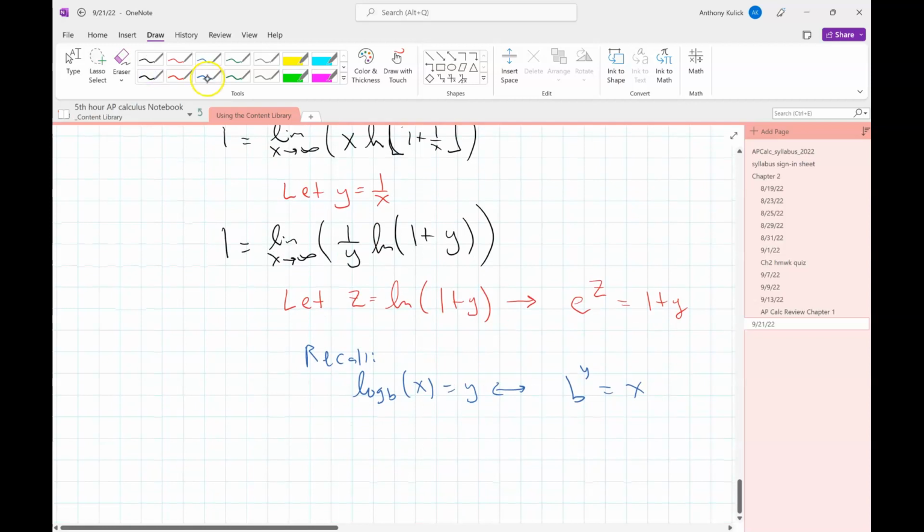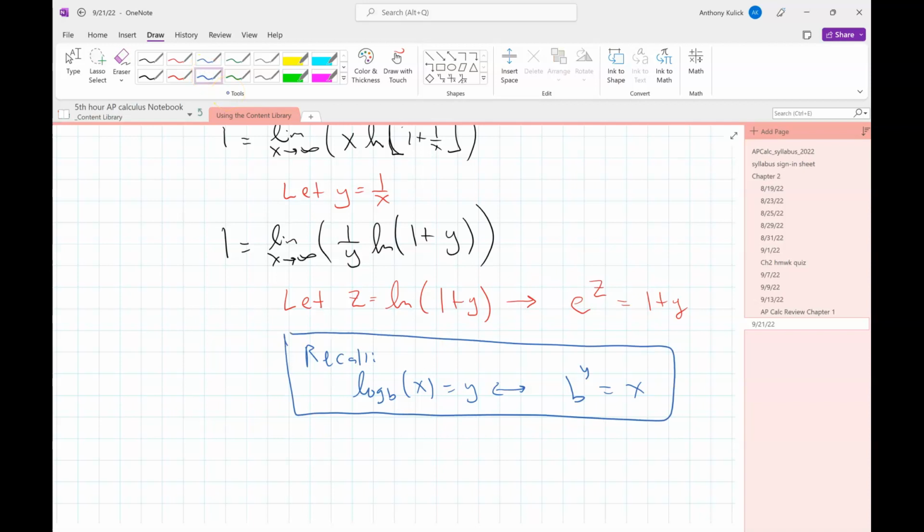So this is the definition of a logarithm from way back, right? That's what I used to go from here to here. Everybody's okay with that? So what do I have here? Okay, a change here.